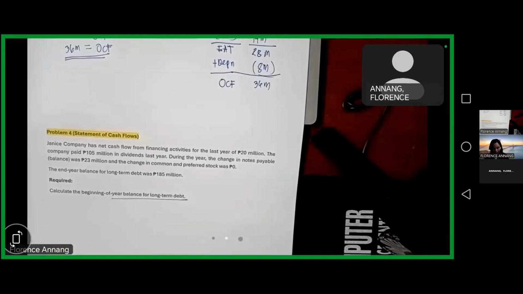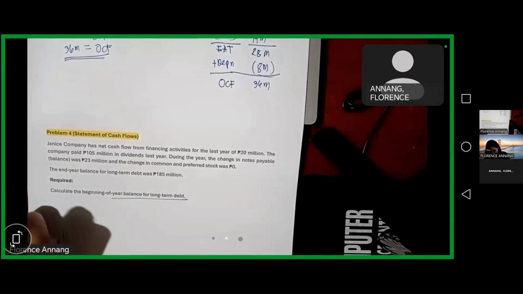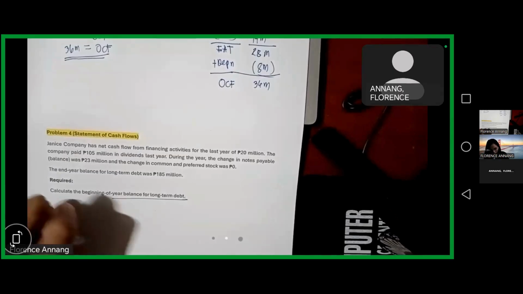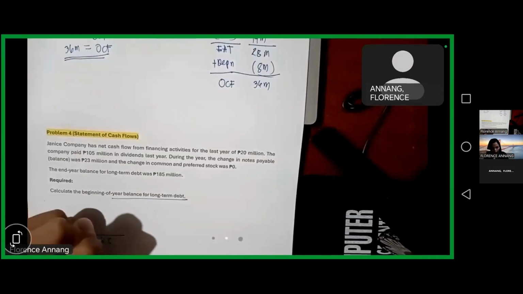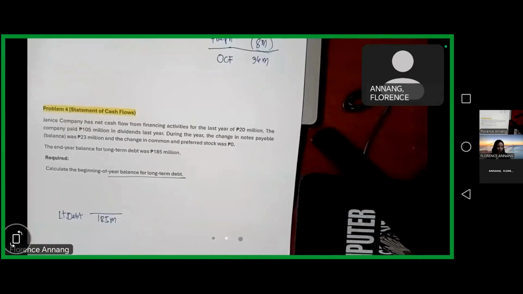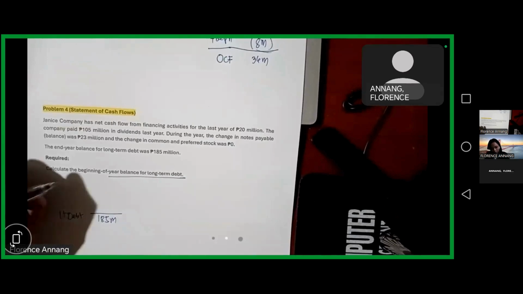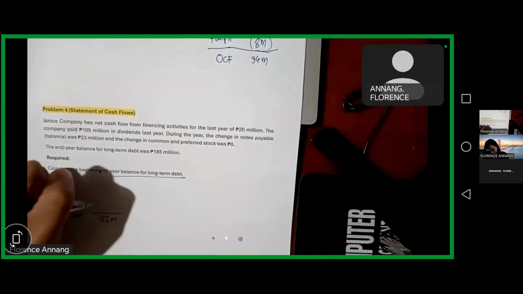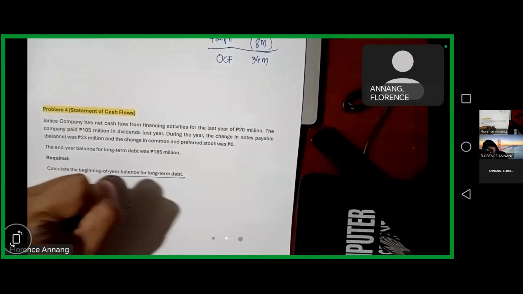So given na ang ating ending long-term debt of how much? 185 million. Magkano yung change? In notes payable, we have a payment of 23 million. Diba?